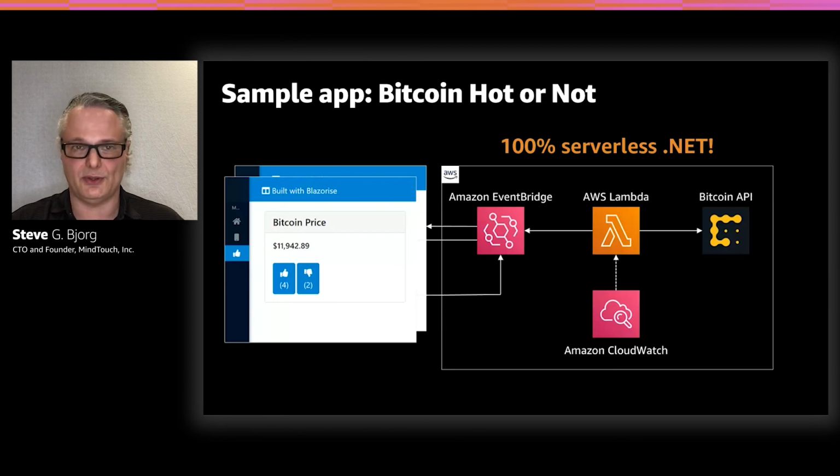It's all 100% serverless. The application is written in Blazor WebAssembly. It runs 100% in the browser. There are no containers, no EC2 instances. We, of course, used Lambda in the backend for fetching periodically the prices. So all of this is only billed when it gets used. And the beauty with serverless, when you build applications this way, is how incredibly cost-effective they are.